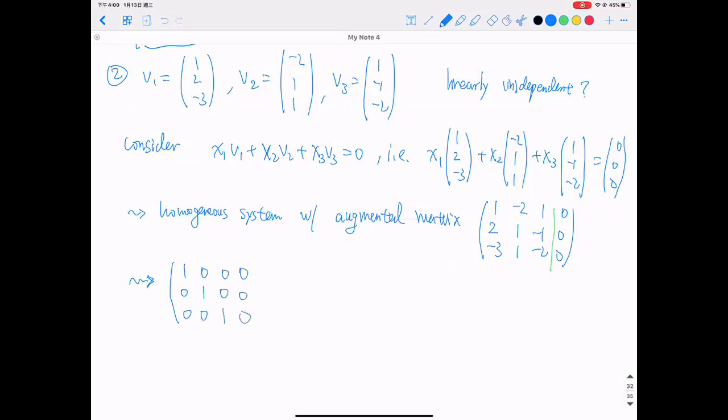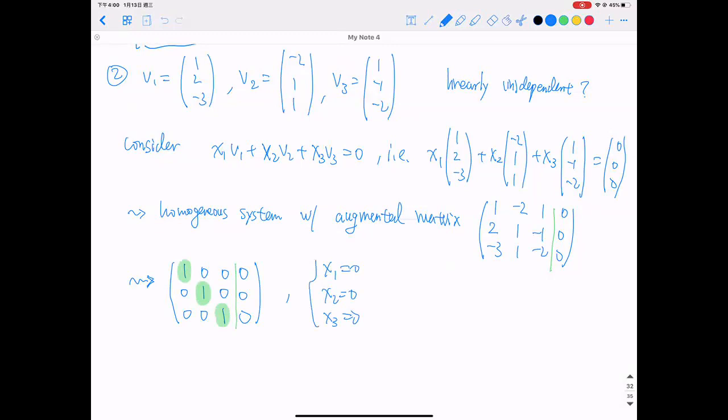In this case, the answer is like this. So you can see that the corresponding system now becomes x1 equals 0, x2 equals 0, x3 equals 0.